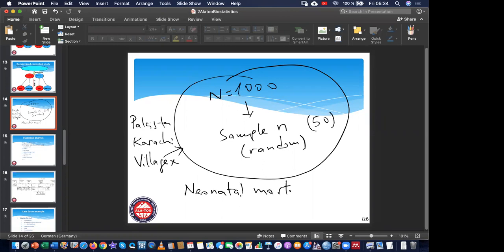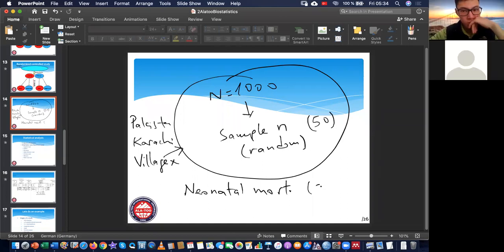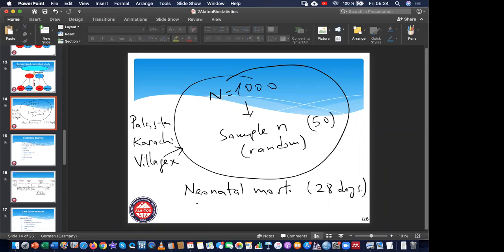Neonatal mortality. The neonatal period is the first 28 days after birth. The number of babies born in a year, live births, of course, divided by... sorry, it should be vice versa, of course.